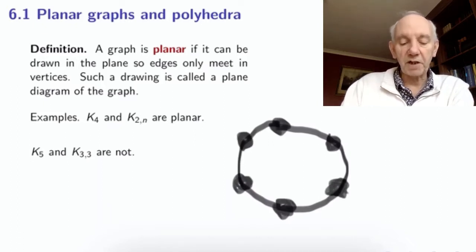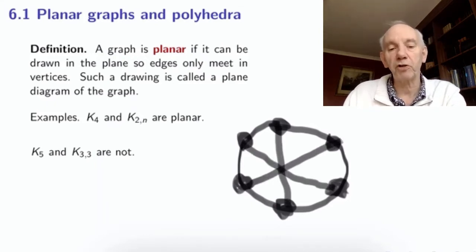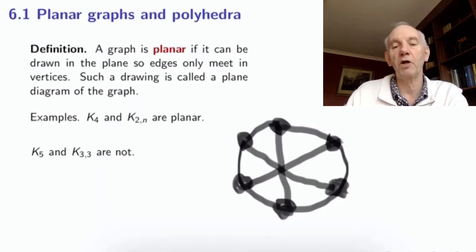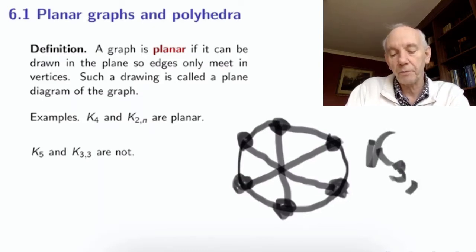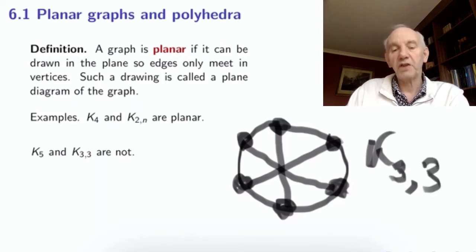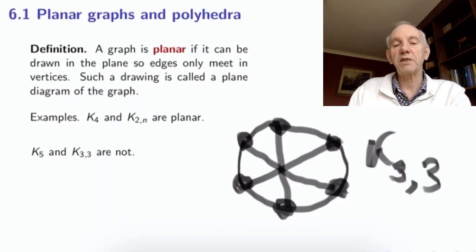And then drawing edges between the opposite vertices. But the idea here is that the triple cross in the middle is not a vertex. It's not the wheel graph in which there would be a vertex in the middle. This is K33 with 6 vertices and 9 edges: 6 around the outside in this picture and 3 diagonals. But that's not a planar graph.